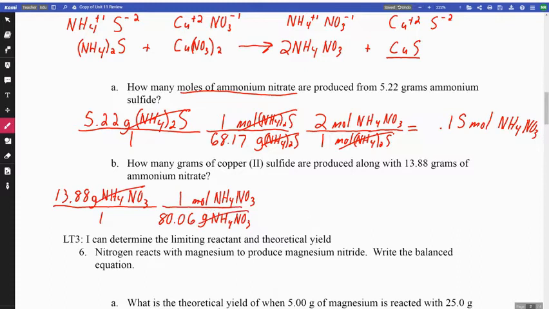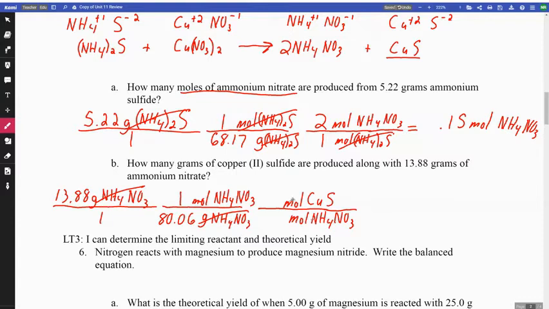Grams of that cancel out. We're left with moles of that. That is not where we want to be. So we do another conversion factor. Moles of that on bottom to cancel out. We cannot go from moles of that to grams of copper 2 sulfide, but we can go to moles of copper 2 sulfide.